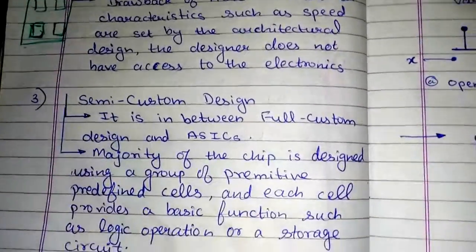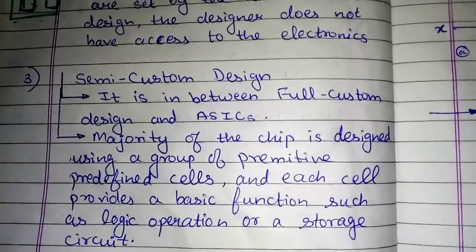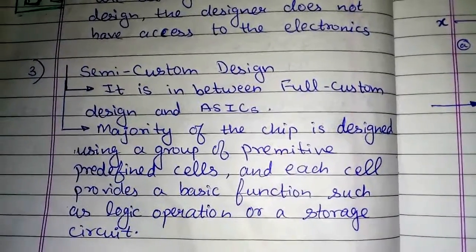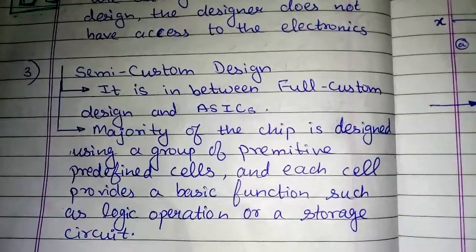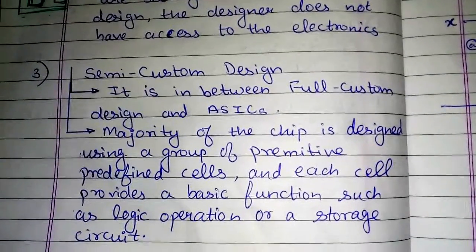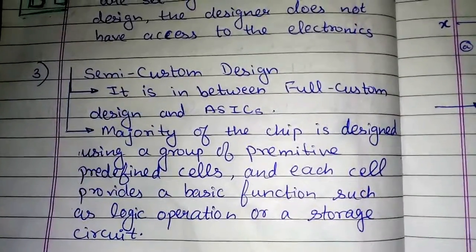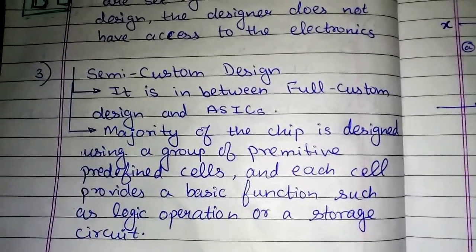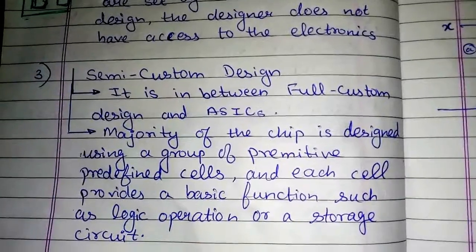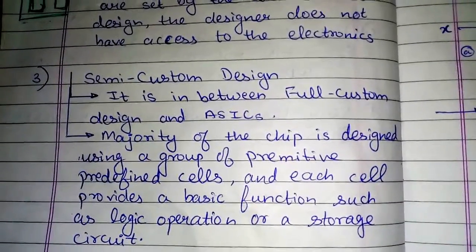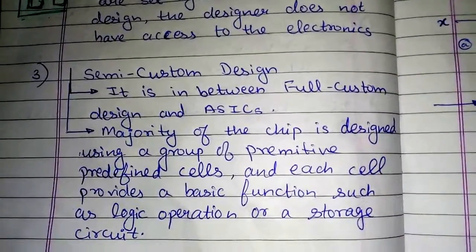Then comes a middle ground, okay, which is semi-custom design. So as the name suggests, it is semi-custom. That is, it is in between full custom and ASICs. Now the majority of chips are designed using a group of primitive predefined cells, and each cell provides a basic function such as a logic operation or a storage circuit.